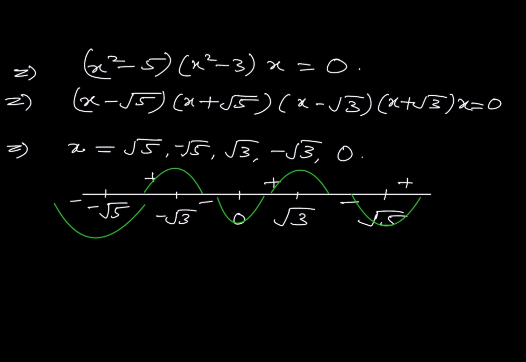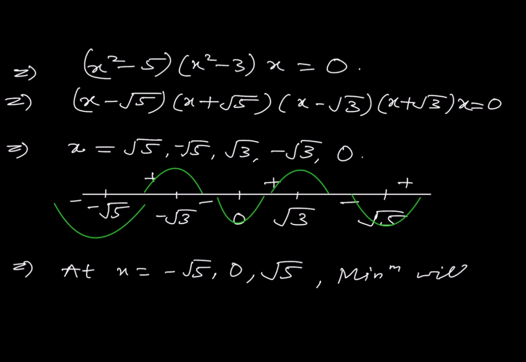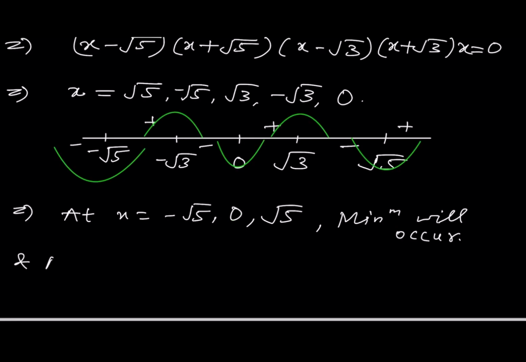So at x is equal to minus root 5, 0 and root 5, minima will occur, and at x is equal to minus root 3 and root 3 maxima will occur.